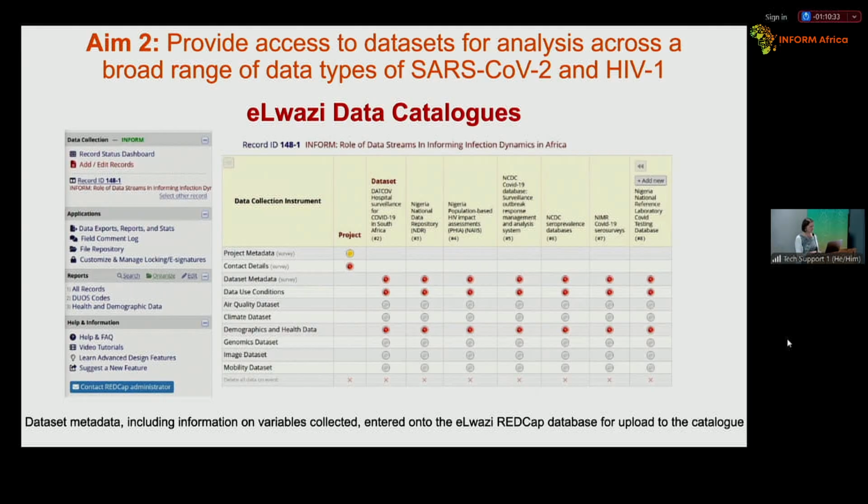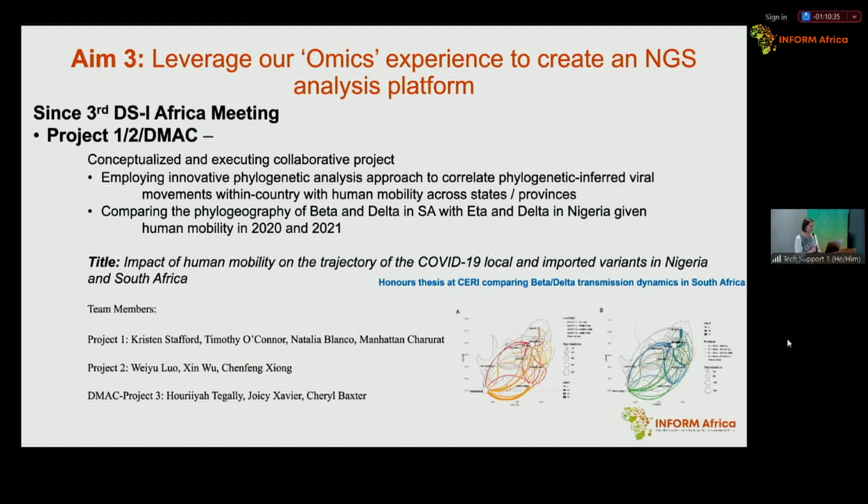And then finally, leveraging our Omnix experience. Kristen's already spoken about the collaboration between Project 1, Project 2, and the DMAC. The idea here is to use the mobility data and the genomics data to track the variants of concern in the two different countries, to give another layer.